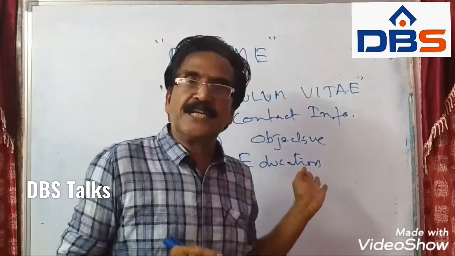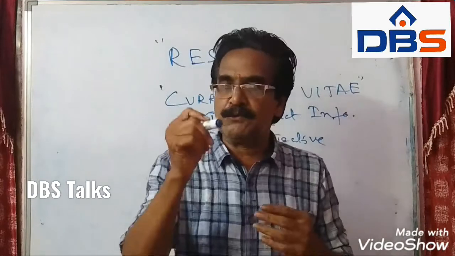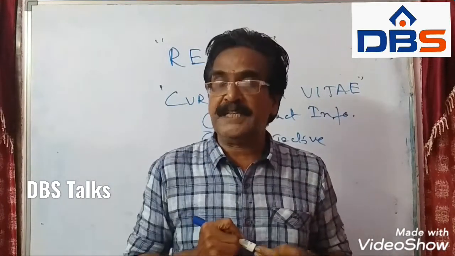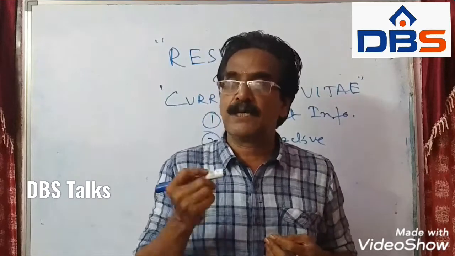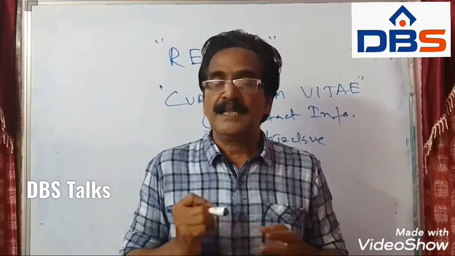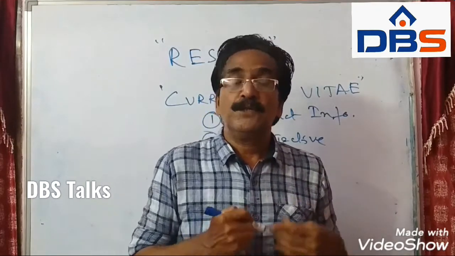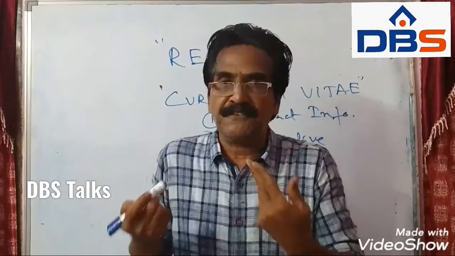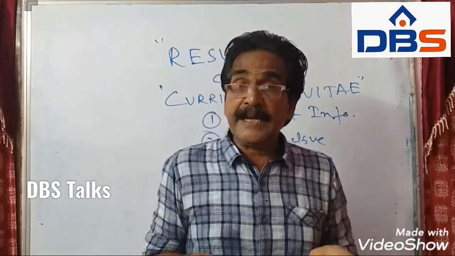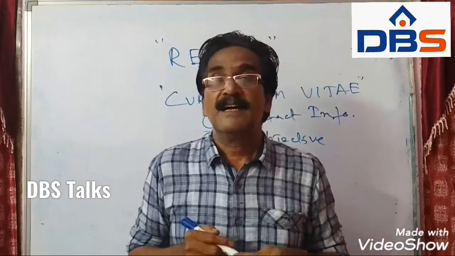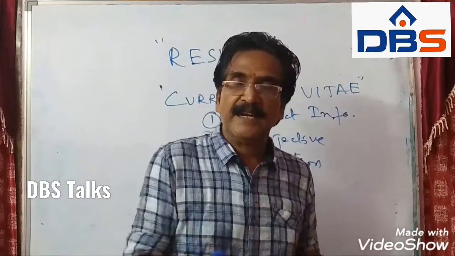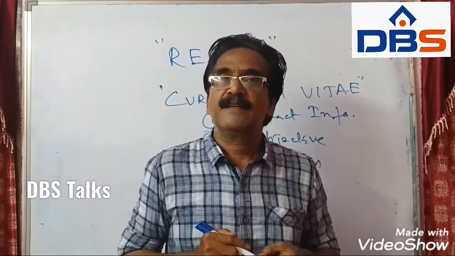And along with your educational qualifications, you have to give the information where you have studied, that is, in which college or university, the year you started your course and the year you finished it, and any awards or achievements in your academic career.